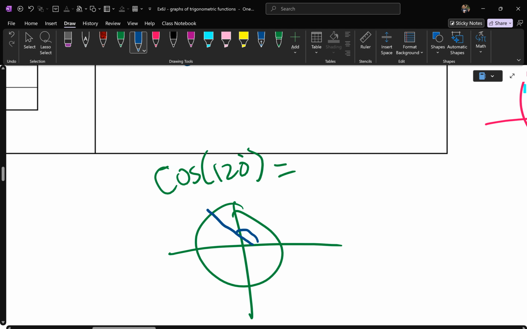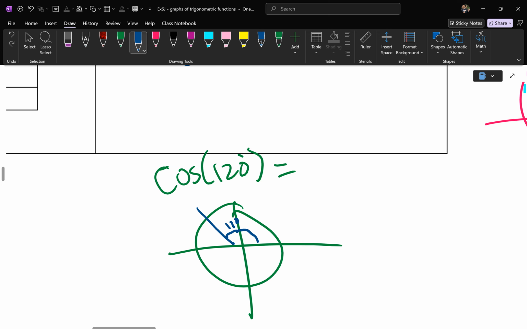So 120 is this way. Let's do it again. 120 is somewhere over here. That means this is 60. So if that's 60 there, cos is the x length. Then you can also do this little bit here. That's 30 degrees there. So if that's 30 there, that'll be the sine of 30 degrees, but you've got to put a negative in front, because you know this is negative on this side. Sine of 30 gives you that length, but it's negative.